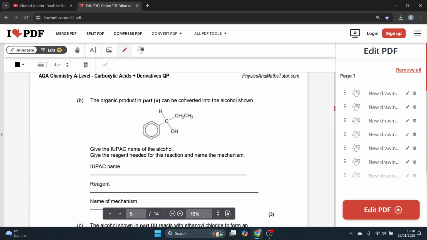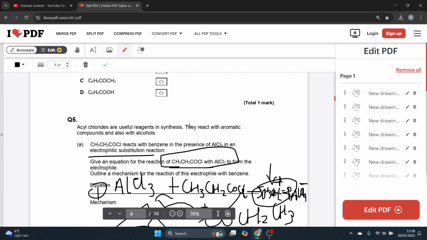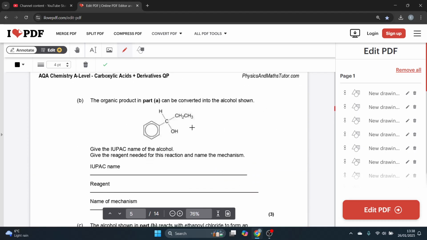Part B: give the IUPAC name of the alcohol, give the reagent needed for this reaction, name the mechanism. So the organic product in part A. Okay, so it's going to be the IUPAC name of the alcohol. Methane, ethane, propane.